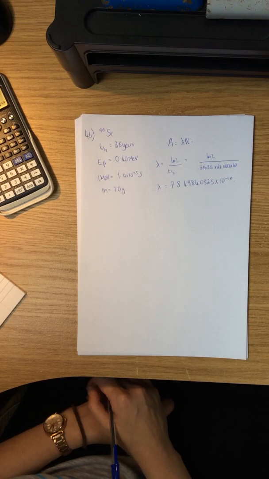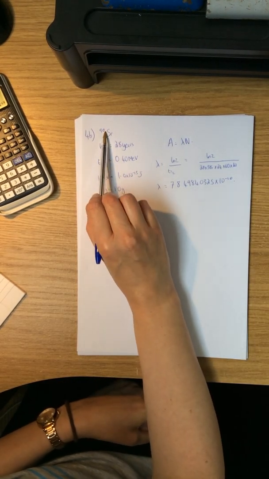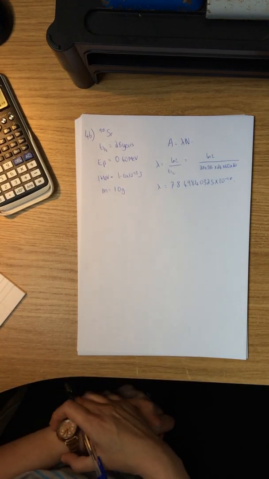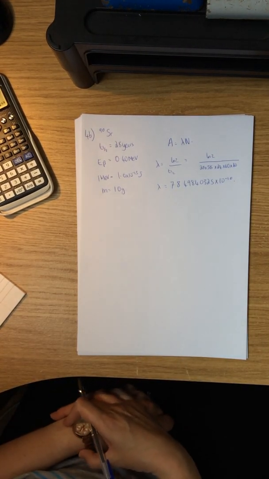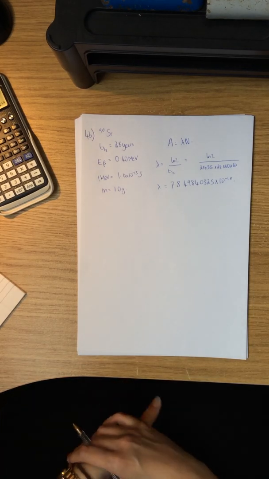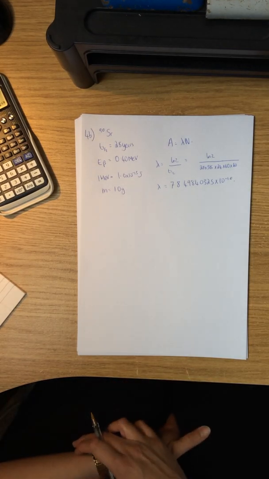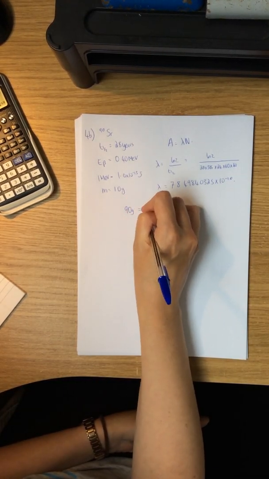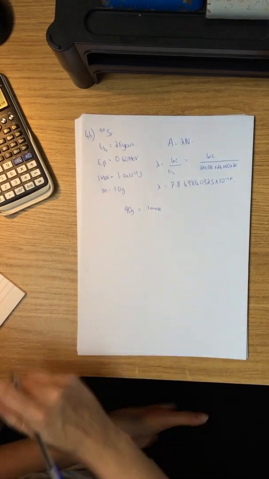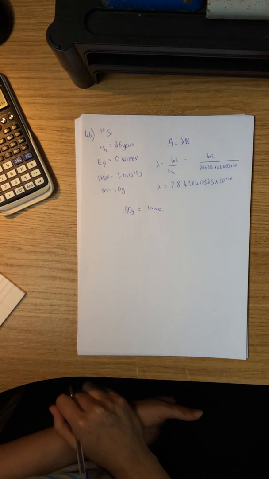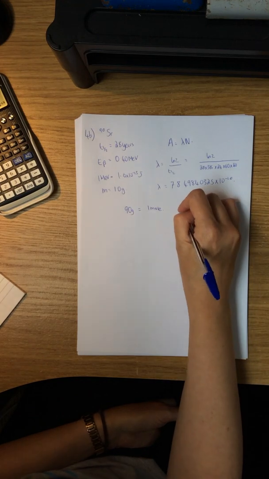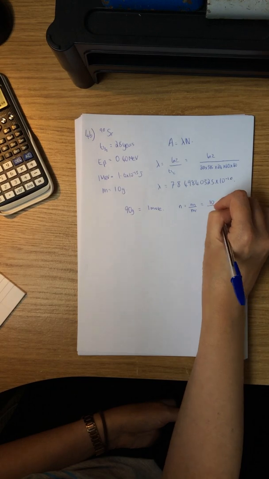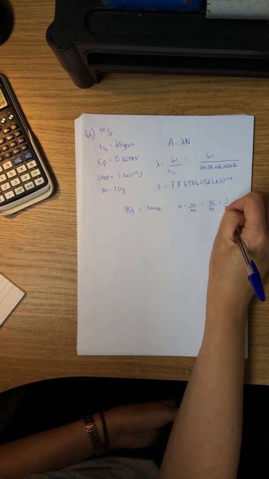To find N, I'm going to need to use the fact that 90 grams of Sr will be 1 mole and will have 1 Avogadro's number of nuclei in it. So if 90 grams is equal to 1 mole, we've got 10 grams. The number of moles we've got, n, is m over Mr, so we've got 10 over 90, which gives us 1 over 9.